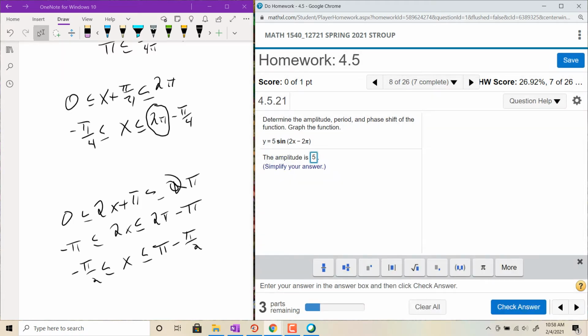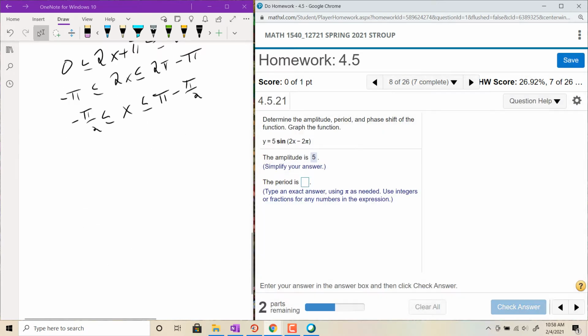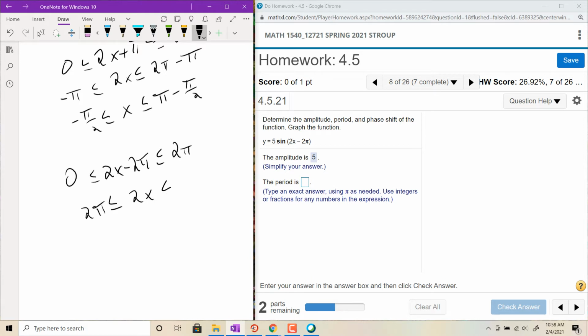Next, amplitude 5. And then there's going to be some issues with the period. So 2x minus 2 pi is greater than or equal to 0 and less than or equal to 2 pi. So we get 2x greater than or equal to 2 pi, and then 2 pi plus 2 pi.